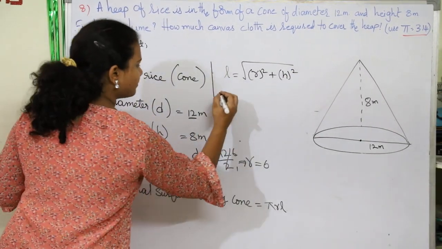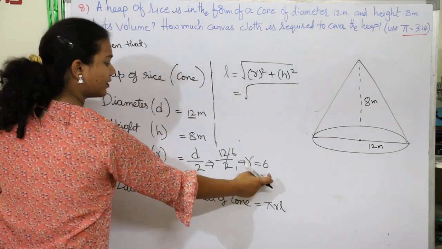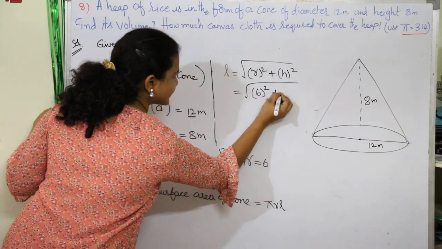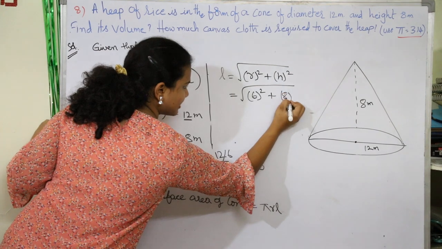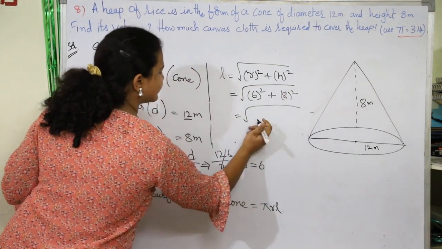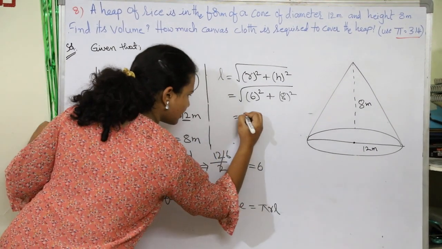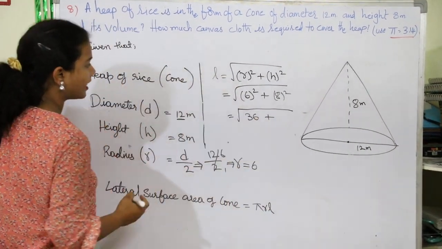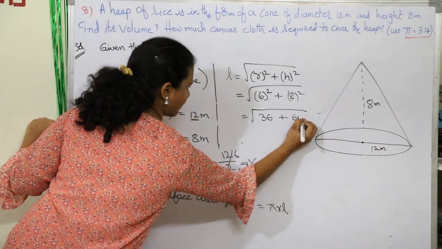So L equals root over 6 square plus 8 square. 6 times 6 gives 36, and 8 times 8 gives 64.